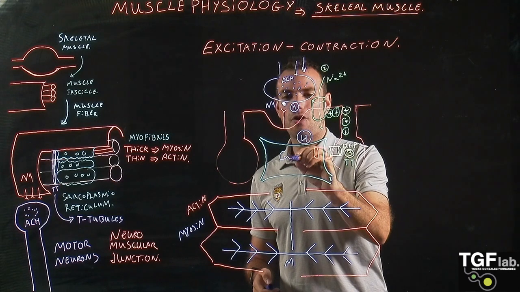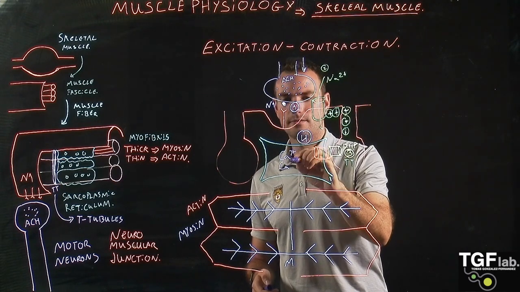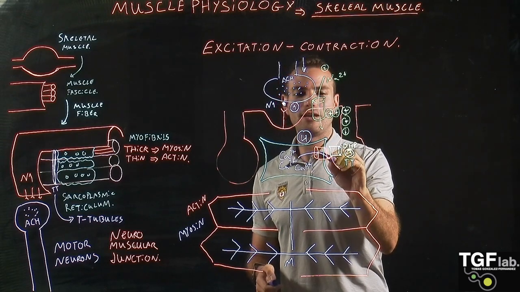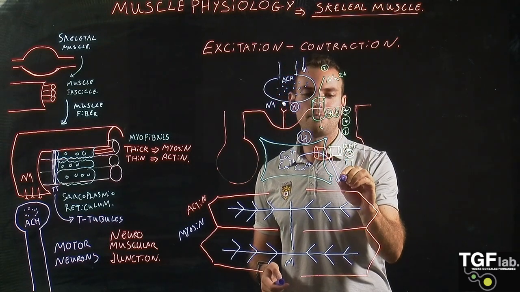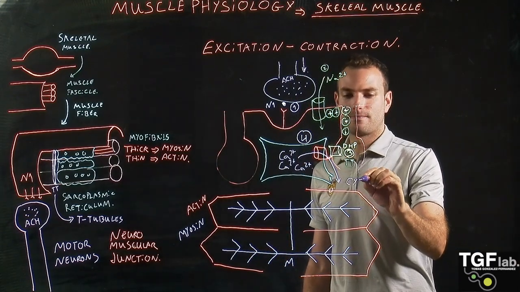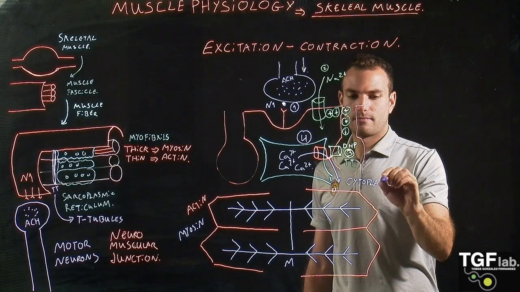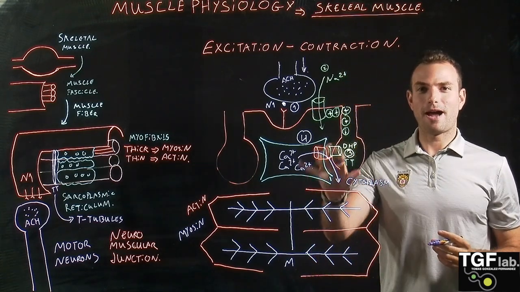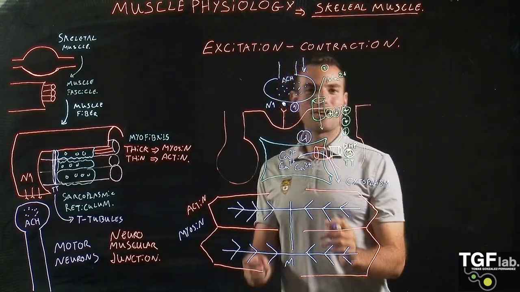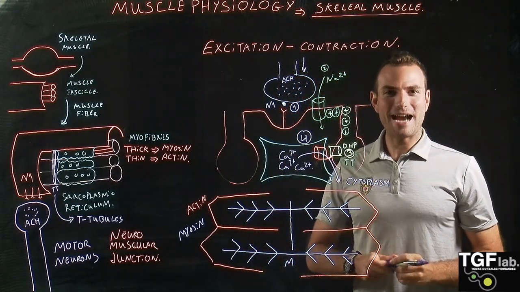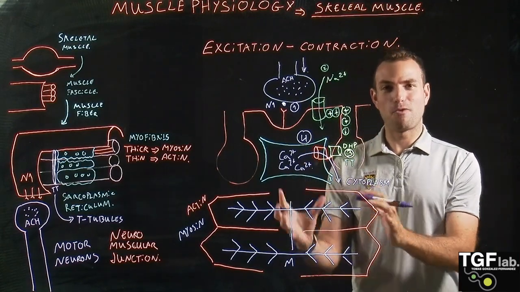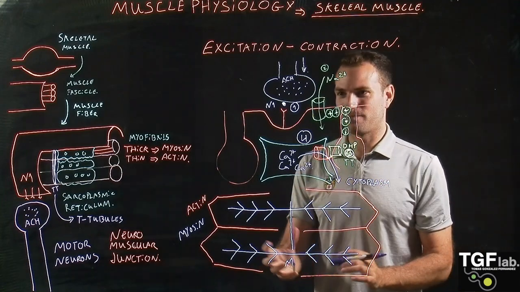What is going to happen is that all the calcium molecules in the sarcomere are going to leave through this voltage-gated ion channel into the cytoplasm of the myofibril. So then all these calcium molecules are going to come here to the sarcomere, and they are going to activate the cross-bridge cycle, which is going to activate the movement of the muscle and muscle contraction.